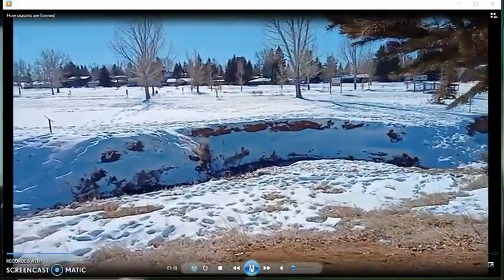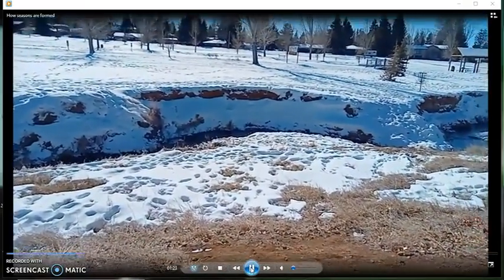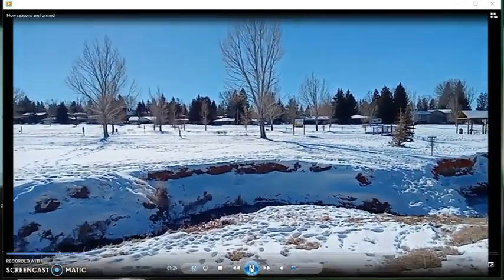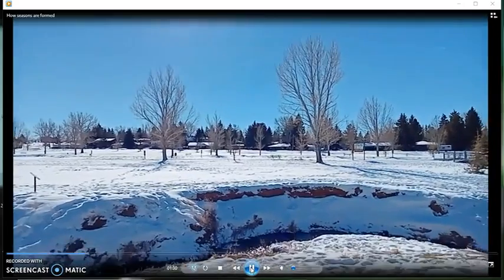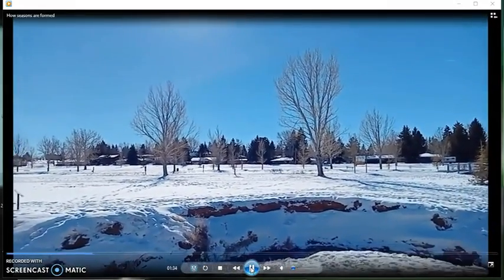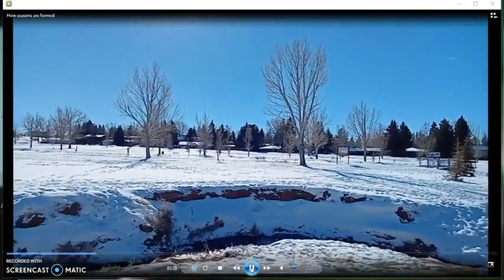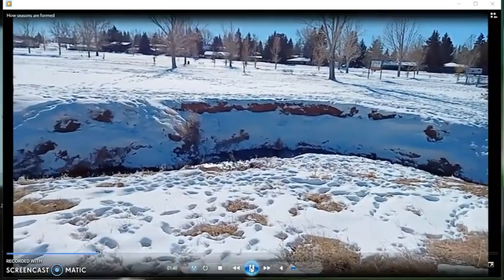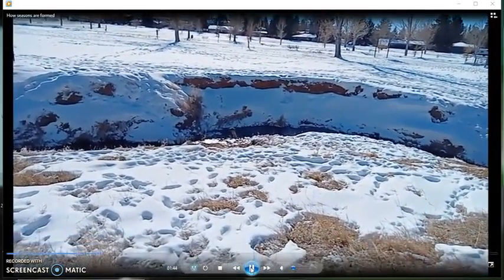Now, how many seasons are there in a year? In a year, there are four seasons. A season, by definition, is a period of the year that is distinguished by special climatic conditions. The four seasons are, we normally start with spring, then summer, fall, winter.